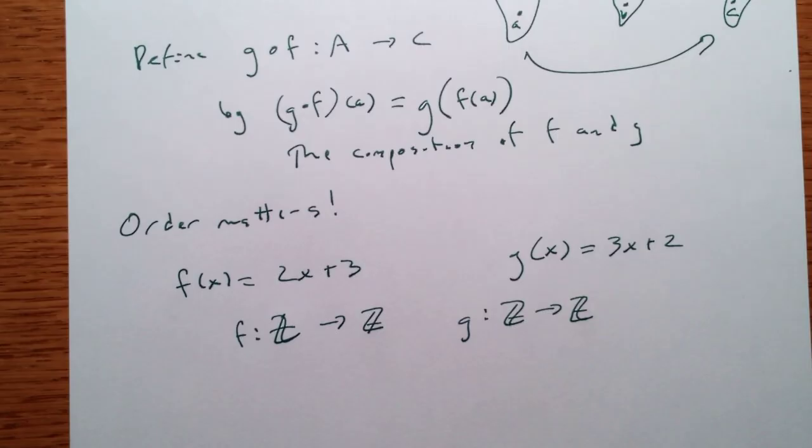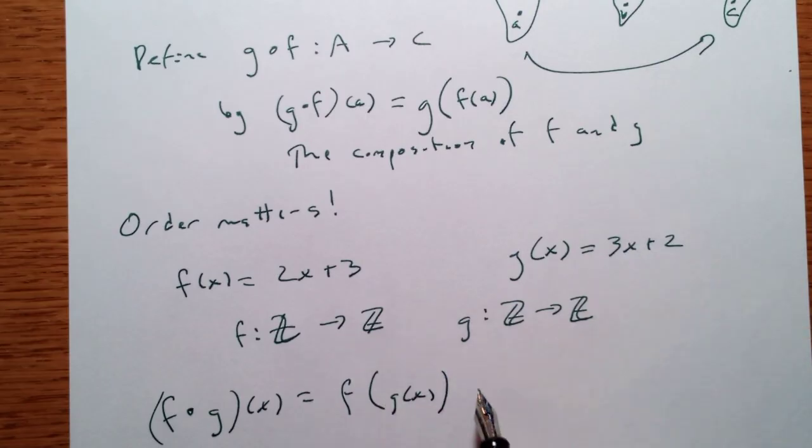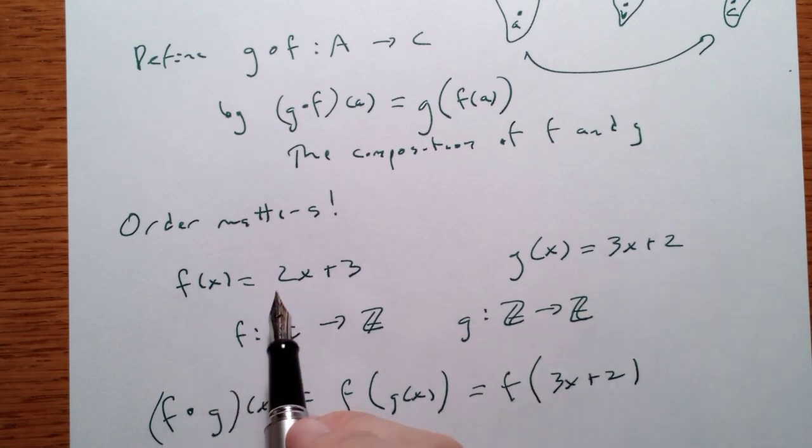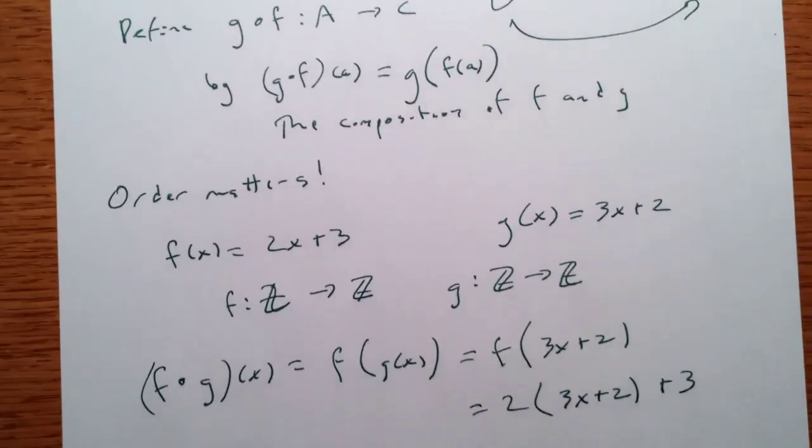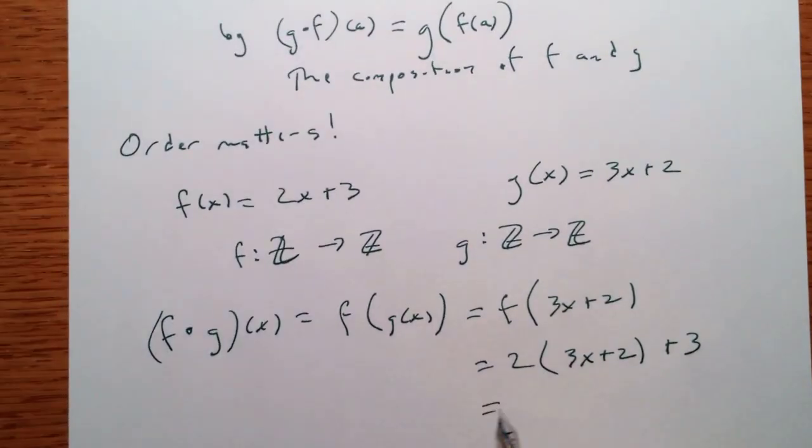But if I do f of g of x, that's f of, plug this in, 3x plus 2. But f says take the thing you've put in, multiply by 2, and add 3. Okay, I get 6x plus 4 plus 3, or 6x plus 7.